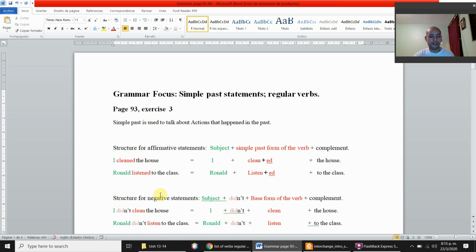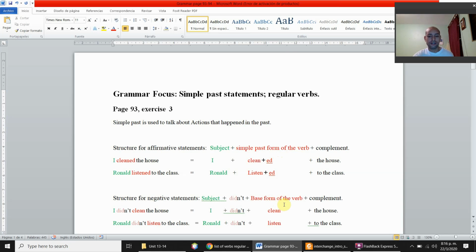Now, the structure for negative statements. The structure is subject plus didn't plus the base form of the verb plus the complement. Now look here, we use the base form of the verb, the normal form of the verb, not like in this case that we use the simple past form of the verb.